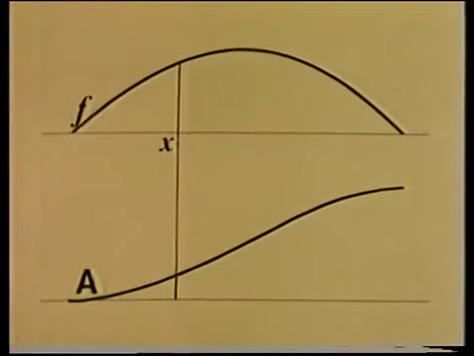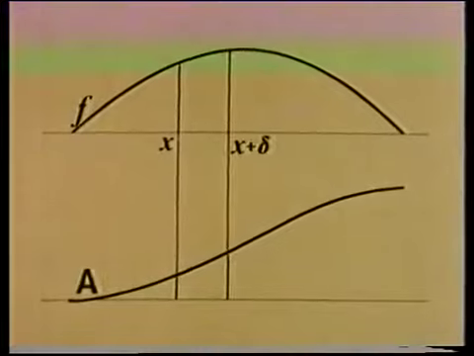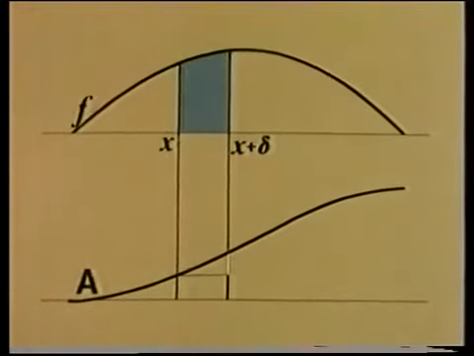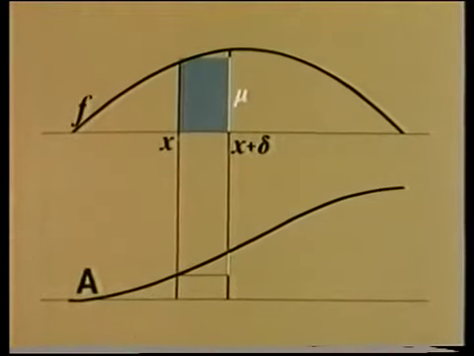Let's look at a still smaller area, of width delta this time. This height tells us the magnitude of this area, which we can rearrange into a rectangle with height mu, say. So this height is mu times delta.